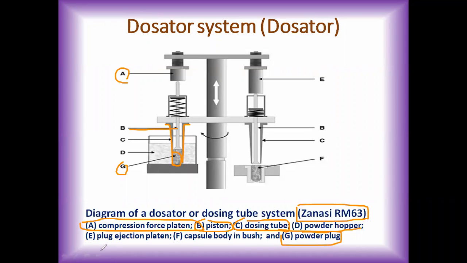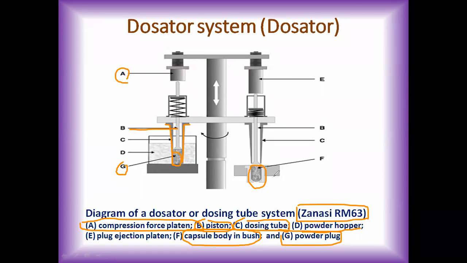At point E, as it rotates, the plug will be formed over here, then it will come over here. Now F is where you have a plug which is already formed, which is shown by alphabet F, that is the capsule body in the bush.